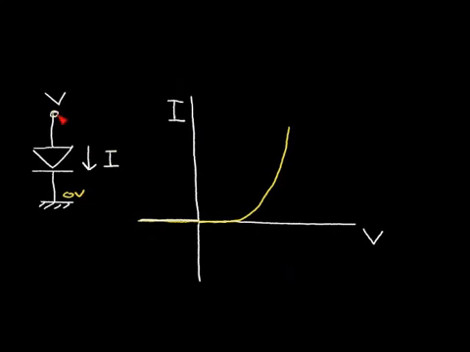So let's plot the voltage at this terminal and the current through the diode that we'll call I. So we'll plot I on this axis, voltage on this axis. And in the case of no light shining on the diode, we have a very small, tiny negative current. And we have 0 current where it crosses the axis. And then as the voltage gets above a certain threshold, we start getting a larger amount of current.